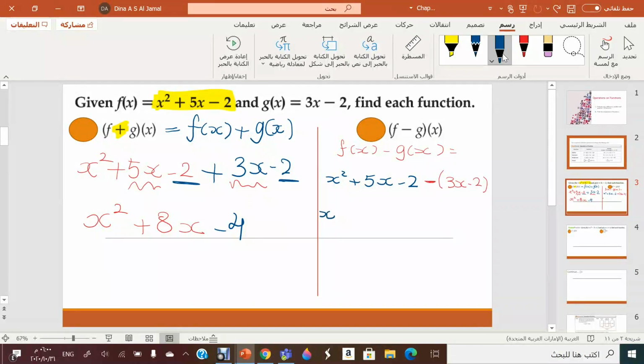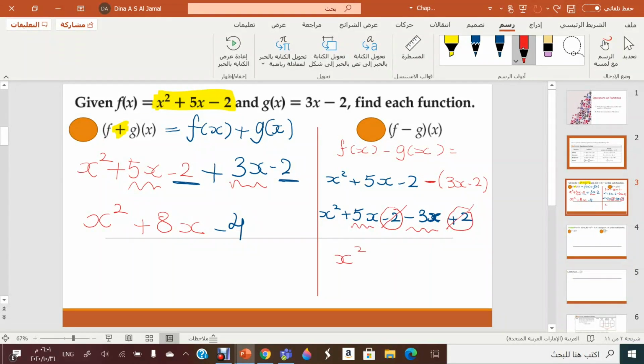So it will be x squared plus 5x minus 2, distributive property, and then you will be cancelling the things, like minus 2 plus 2, cancel, and here you have like terms.